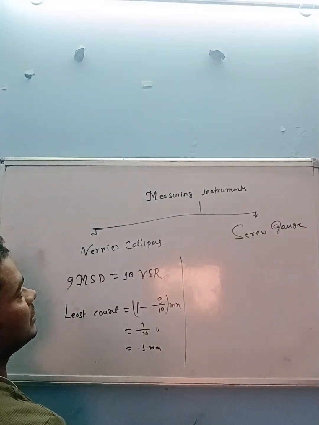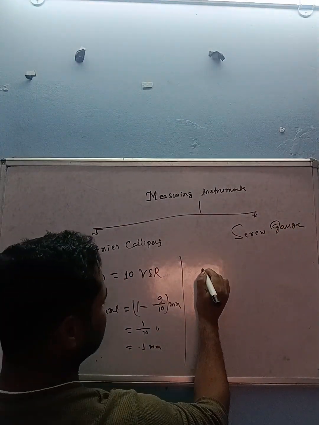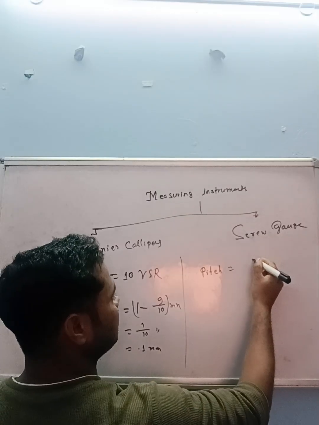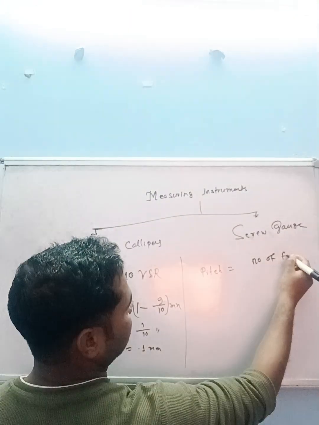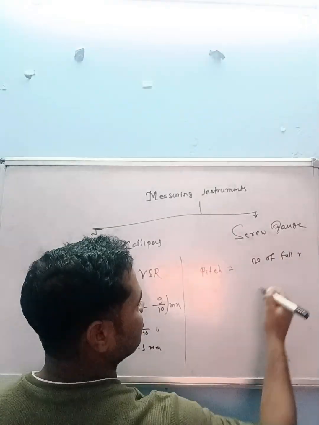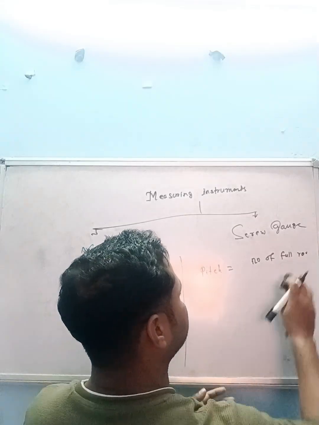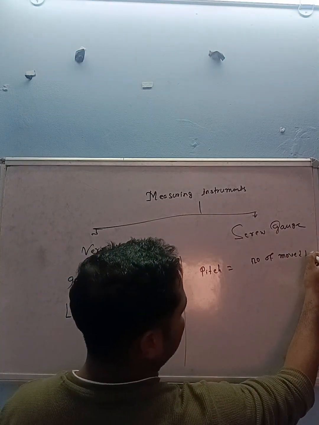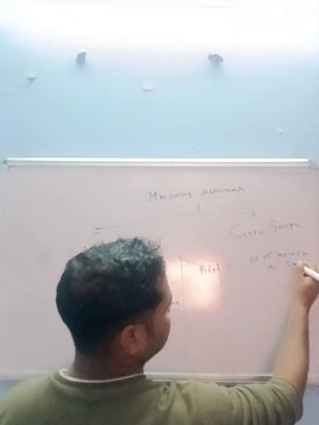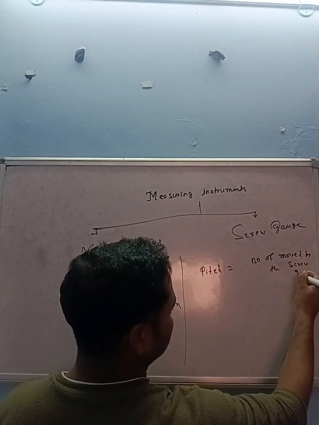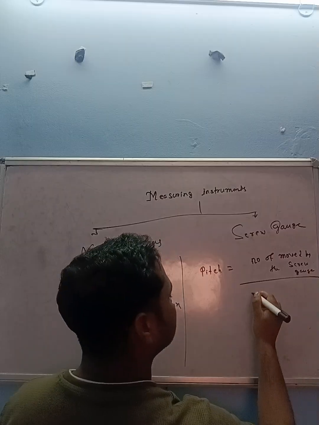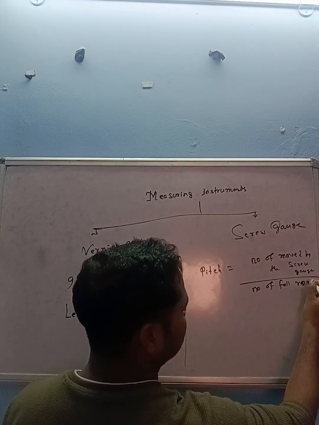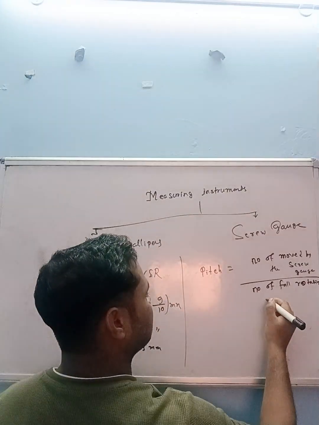Okay, and here screw gauge, pitch equals to number of full division or full rotation moved by the screw gauge and number of full rotation given.